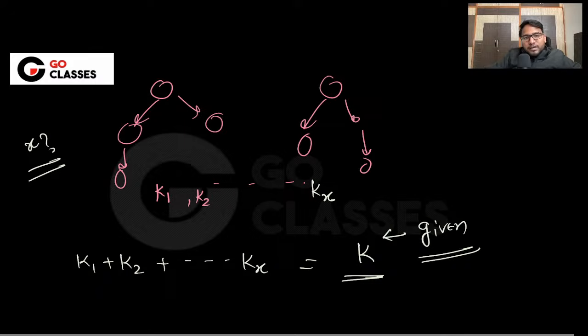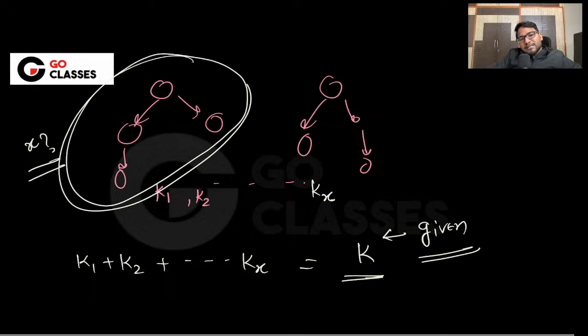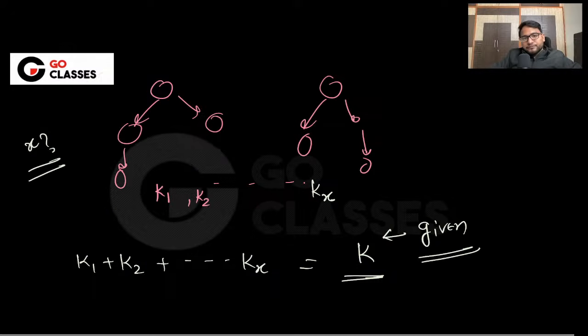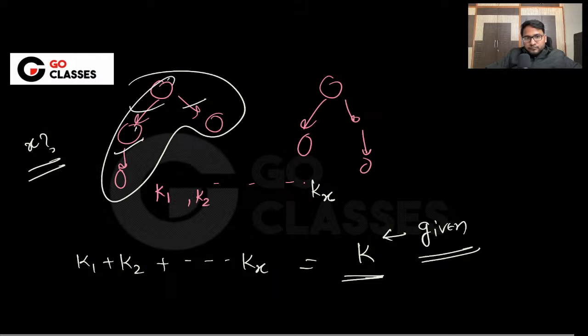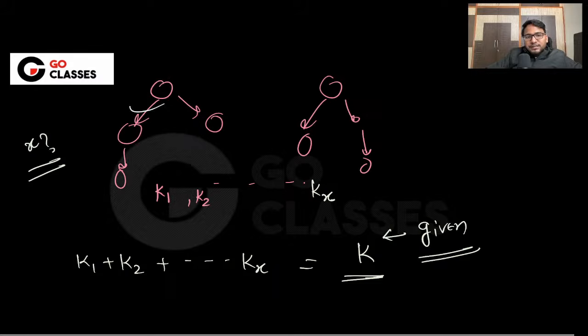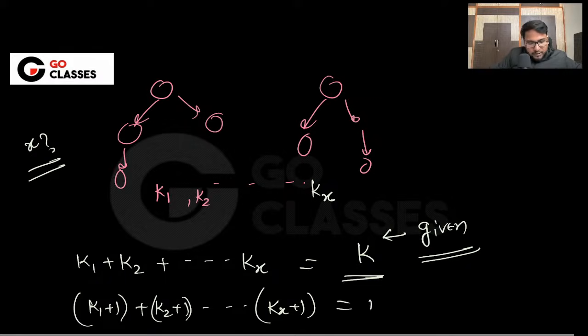How many nodes will be there? If there are 3 edges, then there are 4 nodes, right? So if there are k1 edges, then k1 plus 1 nodes are there. Similarly, k2 plus 1 nodes. If you sum up all the nodes, that must be n, right? So k1 plus 1 plus k2 plus 1, and similarly kx plus 1, must be equal to n.